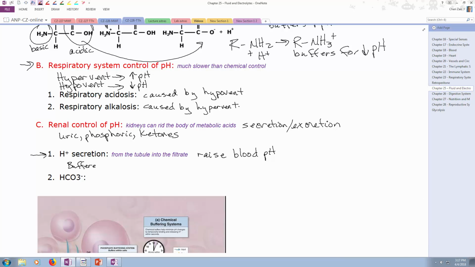And we will buffer this with phosphates, those phosphoric acid, in other words. Phosphates make phosphoric acid, but also ammonia to ammonium.